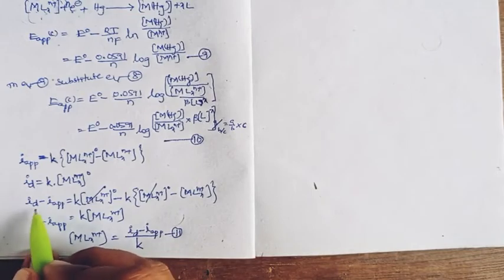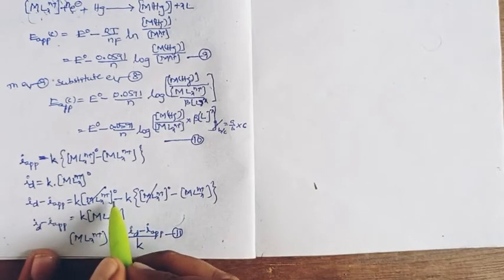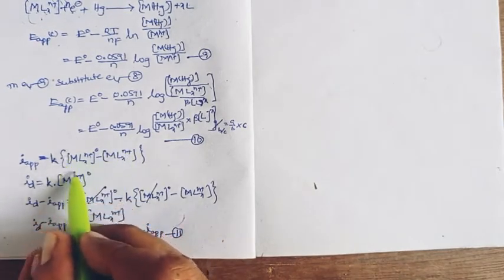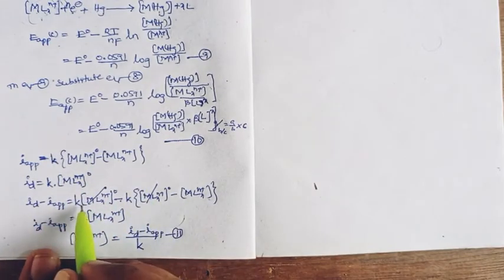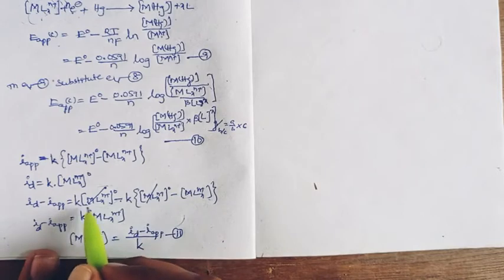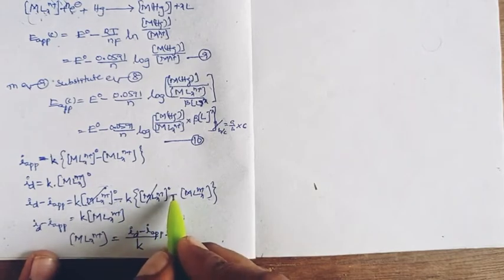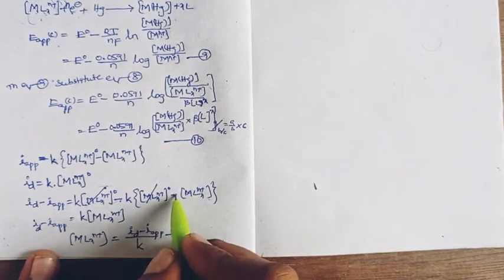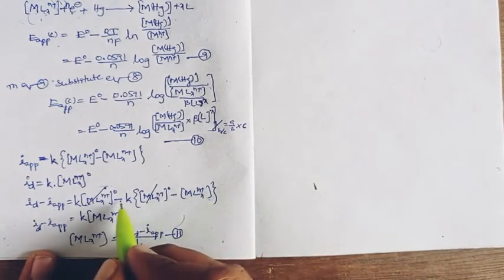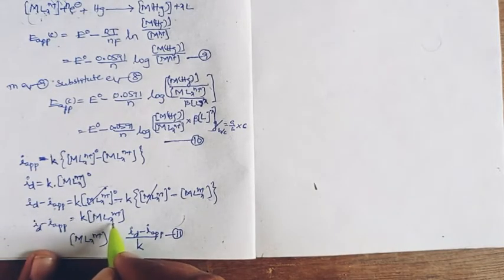Having the difference between the diffusion current and the applied current, it results in K into the initial concentration of complex minus K into the difference in metal complex concentration. The initial concentration term here is a plus term and here a minus term, so they get cancelled. After cancellation it leaves minus K into minus remain metal ion concentration, where minus minus becomes plus, so the difference equals K into the remain metal ion concentration.